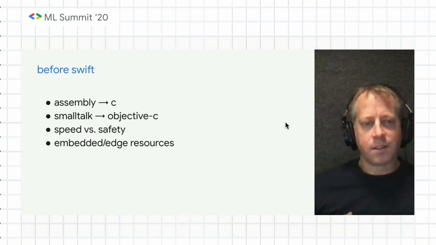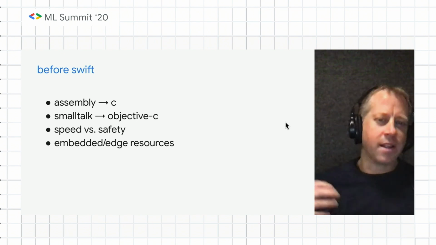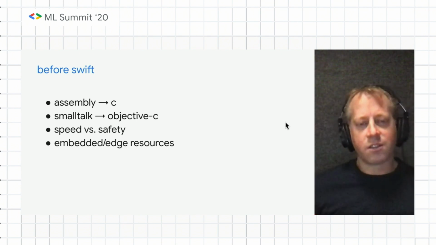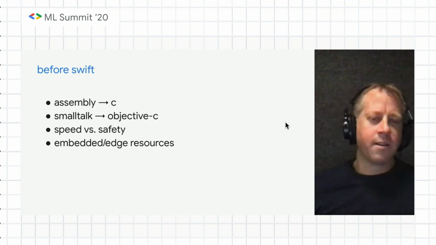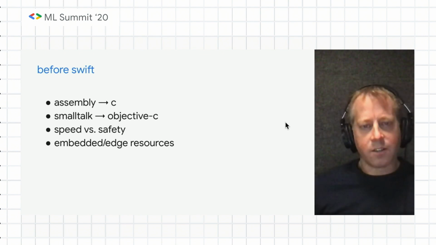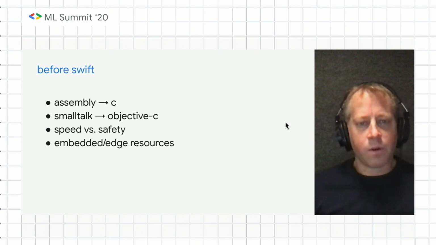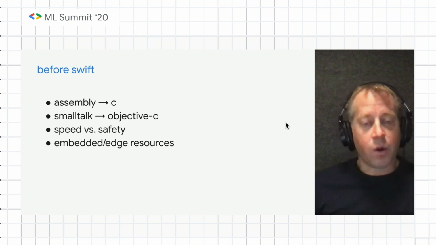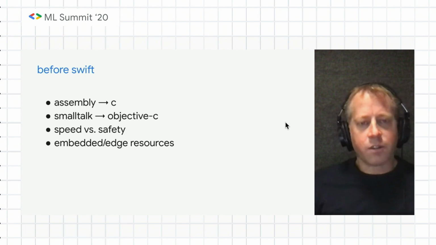But in the process of trying to bring Smalltalk to run on their Macintosh computers, they discovered that there were some limitations to how fast they could make things go. So they created a set of Smalltalk bindings for the C language called Objective-C, and this was the backbone of Macintosh and programming in general for many, many years.